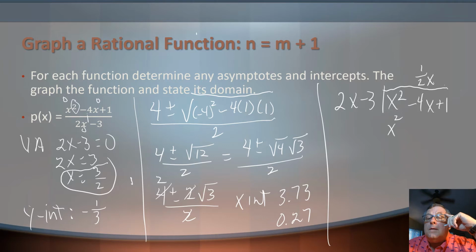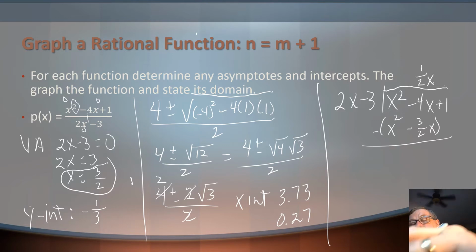All right. And then 1/2 times negative 3x, well, that's going to be negative 3/2 x. Slap some parentheses on here and subtract. x squared minus x squared is 0. And then we got negative 4x plus 3/2 x. So let's see, 4x, if I put that in terms of halves, is 8 over 2.